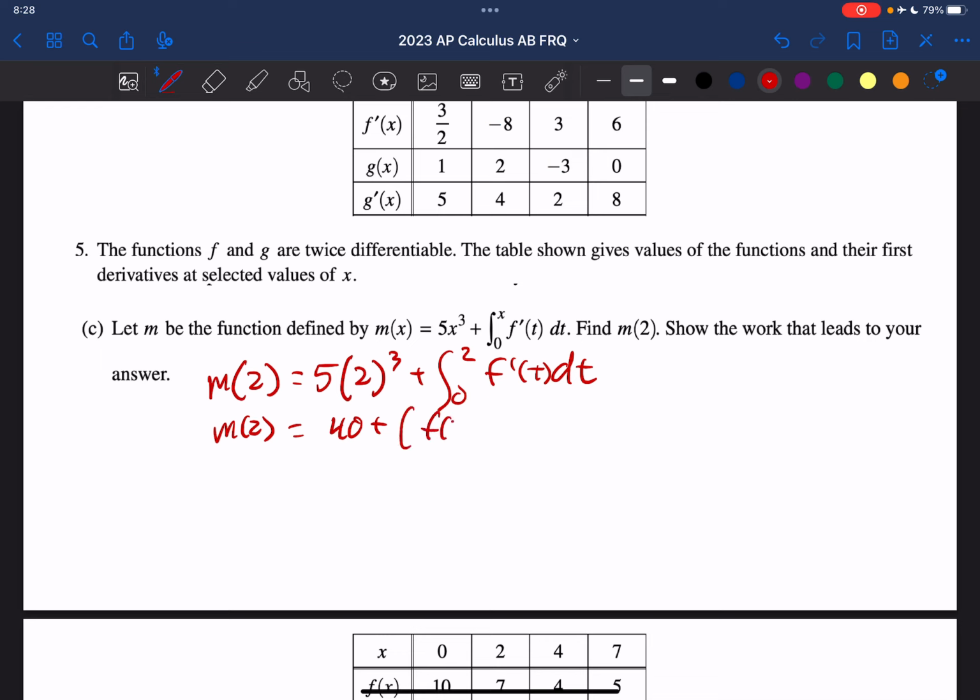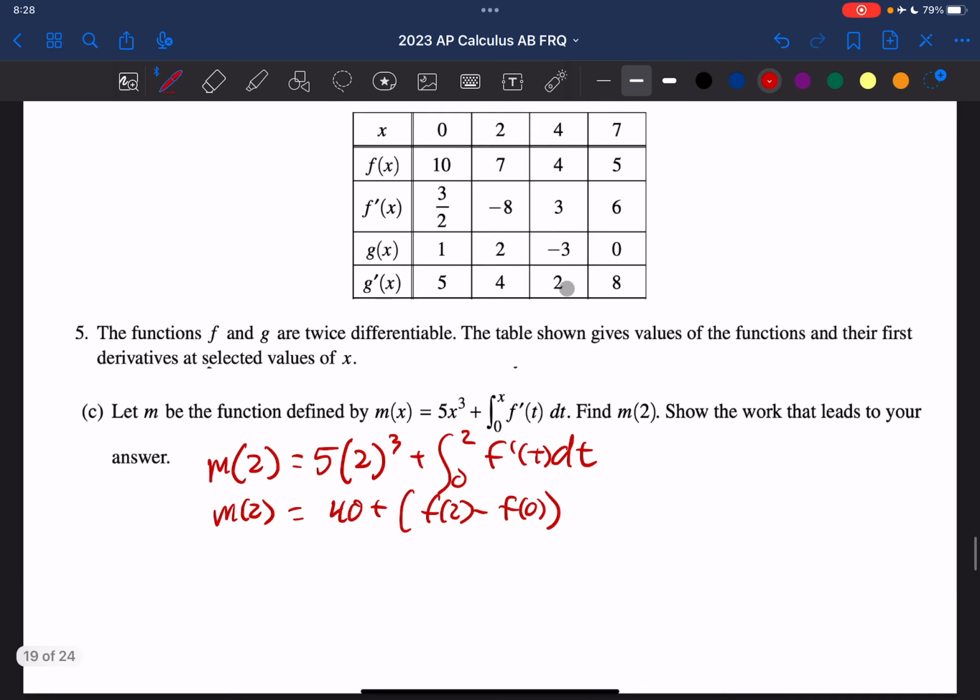So this is f of 2 minus f of 0. So f of 2 is 7, and f of 0 is 10. So you have 40 plus 7 minus 10. So these two numbers make -3, so we get 37 for our value for m of 2.